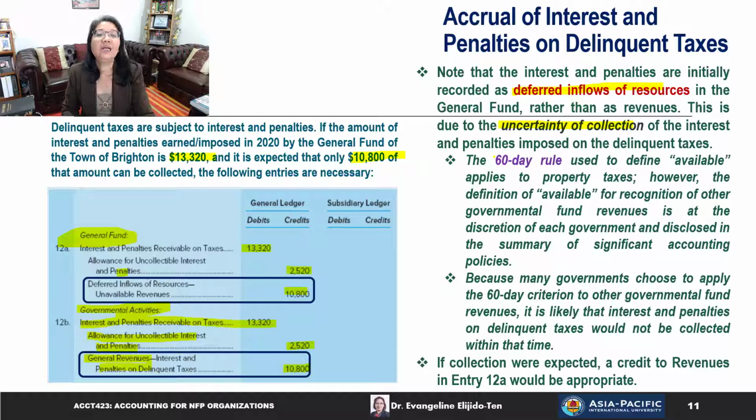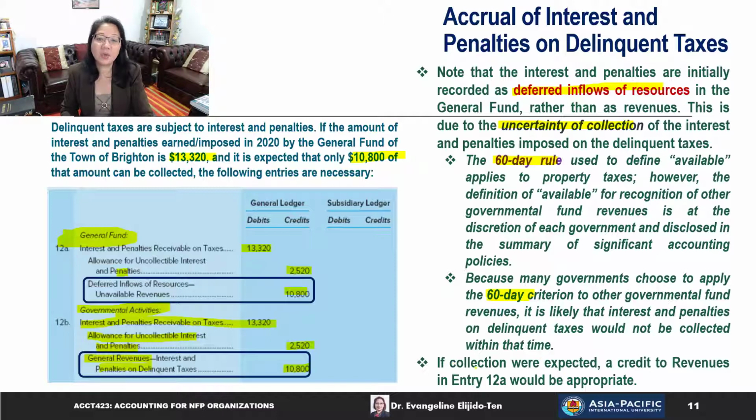And again, this is because of the 60-day rule. If we are using the 60-day rule to define available, and because it applies to property taxes, then we will have to record it as deferred rather than revenue at the fund level. Many governments choose to apply the 60-day criterion even to other governmental funds because of the GASB recommendation.